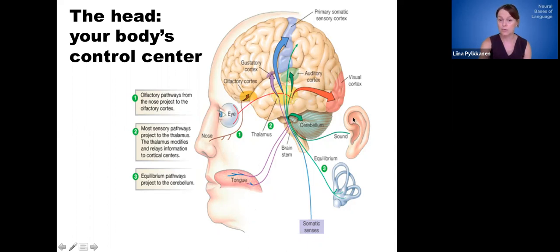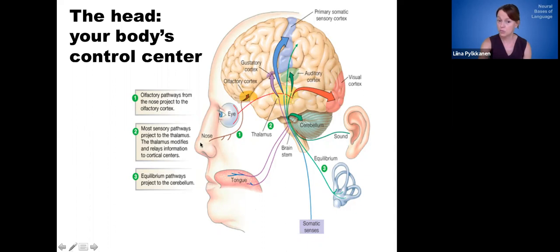So for example, from your ear, the signal goes to this subcortical structure called the thalamus. It's sort of in the middle of the head, and then relays the signal to the relevant sensory cortex. Similarly, for the tongue and for the eye, the signals go through the thalamus to the sensory cortex, for example from the eye to the visual cortex.